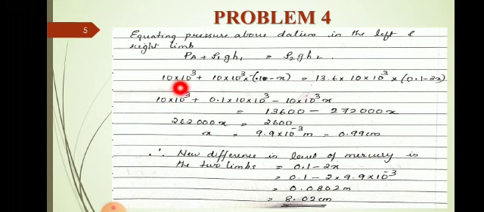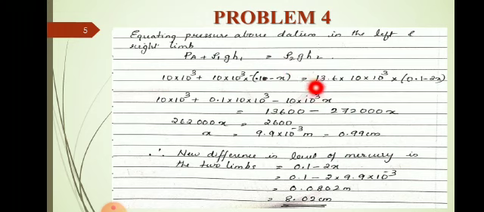We'll explain this step again. PA is a known quantity, 10 into 10 raised to 3. Rho 1 g h1 is the pressure of water in the left limb above the datum line due to a height of 0.1 minus x. So rho 1 g is given in the question, 10 into 10 raised to 3, and h1 is 0.1 minus x, which is equal to rho 2 g h2.